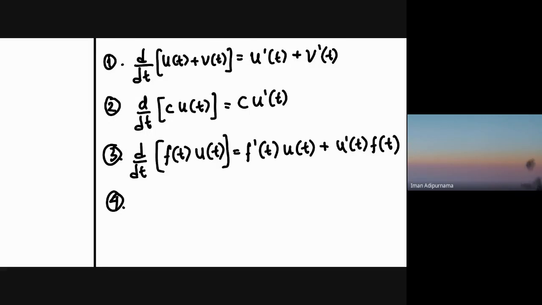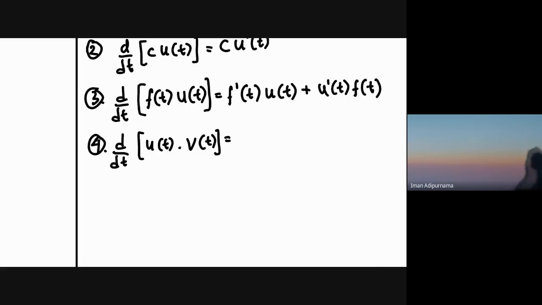Now I think numbers 4 until 6 are quite important. This one I think you will be able to handle, because here you have vectors, so you can do a dot product.